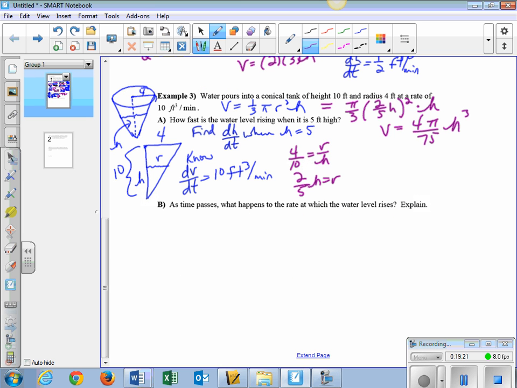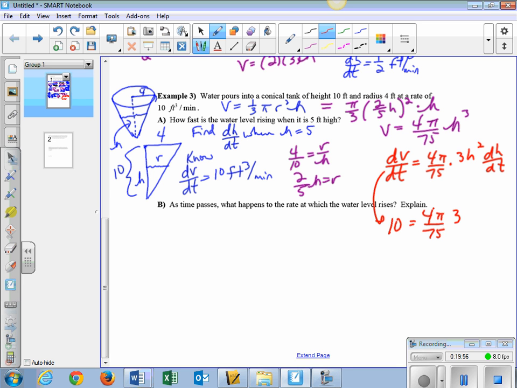Doing my derivative of this, I would have dV/dt equal to my 4 pi over 75 times my 3h squared. Don't forget your dh/dt. Now we can substitute in our known values. I know my dV/dt is 10. Then I have 4 pi over 75 times 3h squared.